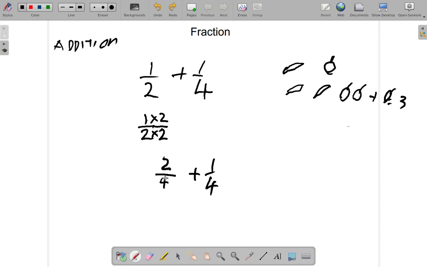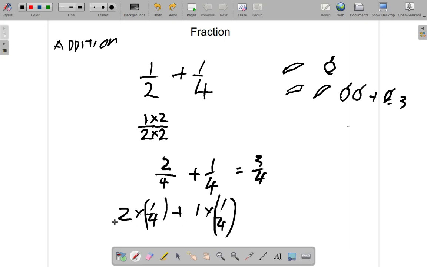So 2 quarters plus 1/4 gives me 3 quarters. In other words, if I add the numbers up top, 2 plus 1 is 3. I can just write down the quarter. So this is 2 quarters. This is the same thing as 2 multiplied by a quarter plus 1 multiplied by a quarter. So I have 2 of this plus 1 of the same thing gives me 3 of them. Alright?